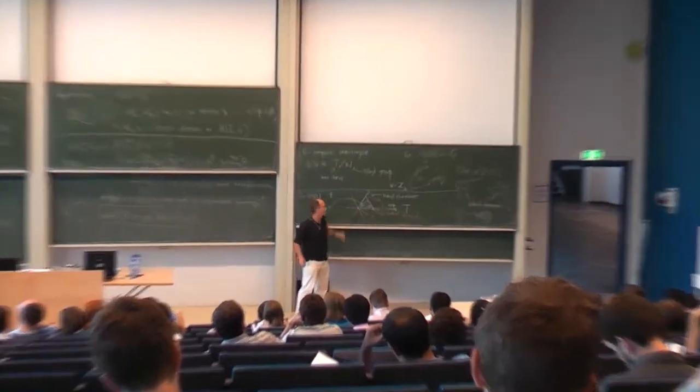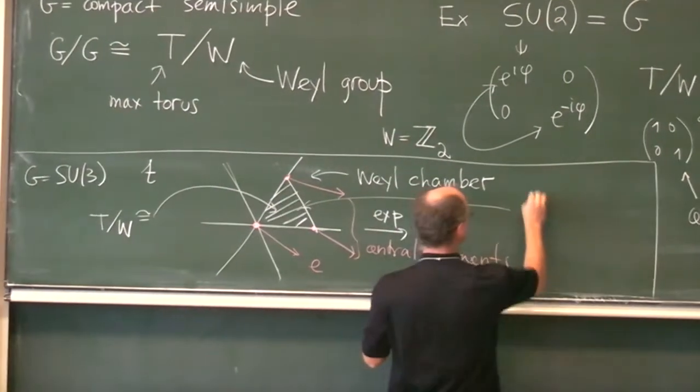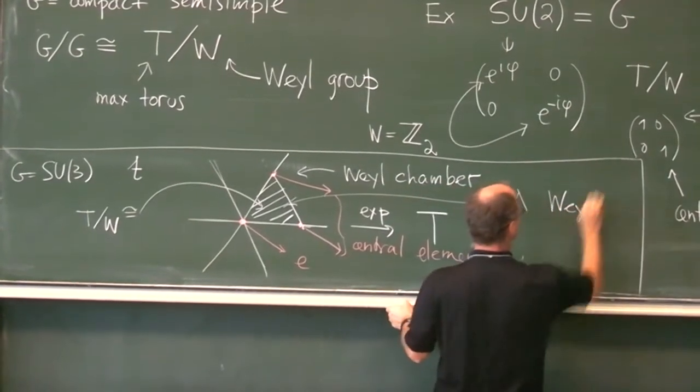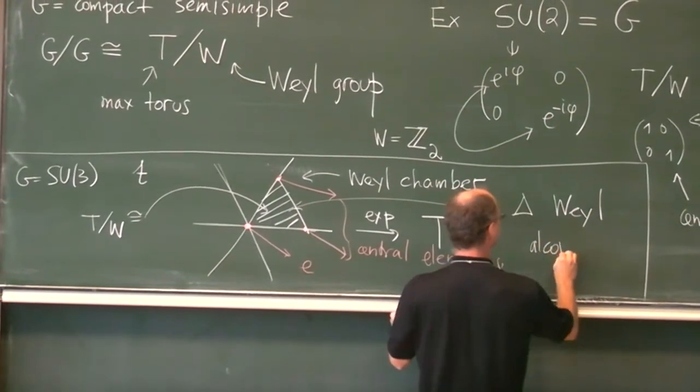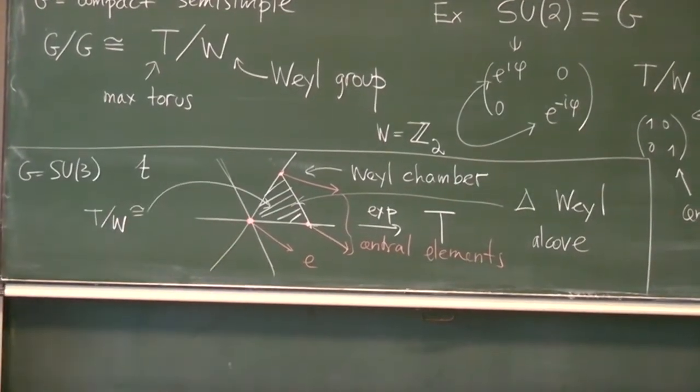Now it turns out that C mod W is isomorphic to this triangle. You just take a triangle spanned by the preimages of the three central elements, and this is called the Weyl alcove. One possible notation is delta.